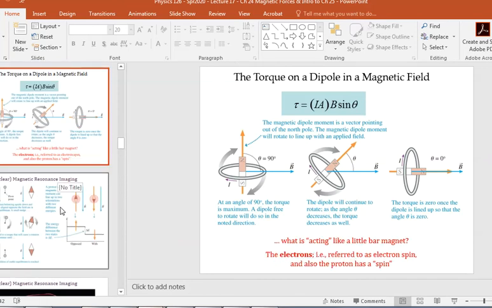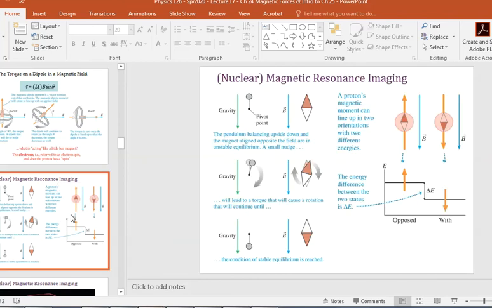Now the question might be, if you wanted to go a little deeper, what is the reason why things are magnetic? Well, it's actually the electrons themselves that are behaving as little tiny magnets. We'll just touch on this: maybe you've heard of NMR, or nuclear magnetic resonance, or MRI, magnetic resonance imaging.